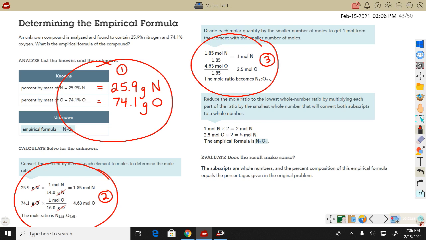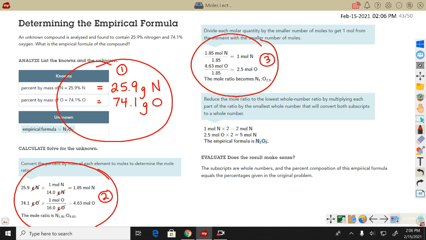If not, you might get something like this, where, oh man, I divided them both by the smaller moles, and I got a ratio of 1 to 2.5. No, bummer. But we can make that a whole number ratio. It's just that I can't have 2.5 atoms of oxygen in my formula.